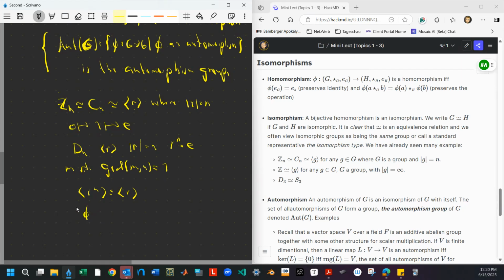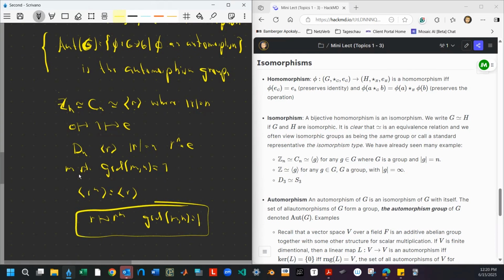So if I just want to look at automorphisms of the cyclic group, I can map R, which is a generator, to any Rm where the GCD of m and n is equal to 1, because that'll generate everything.